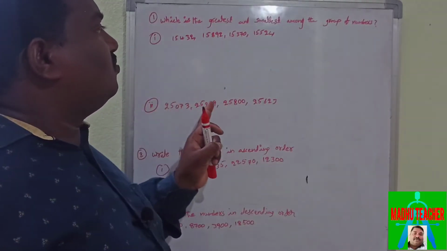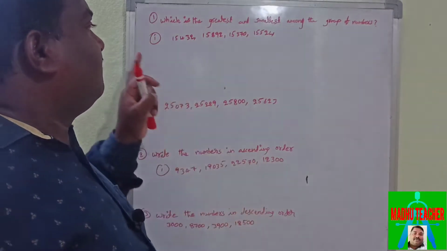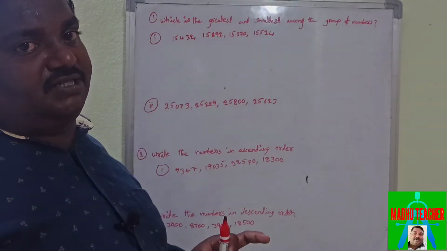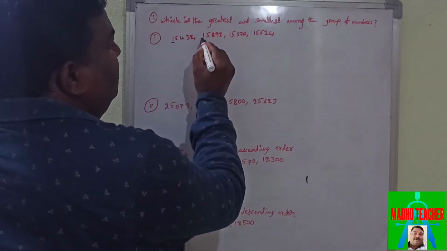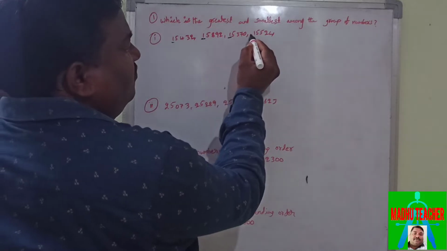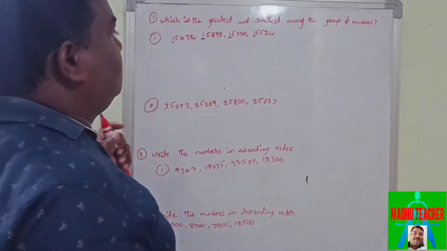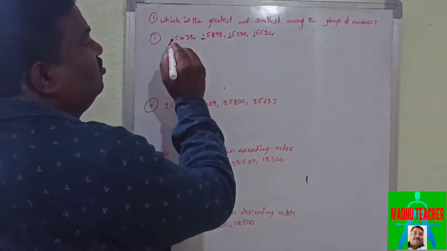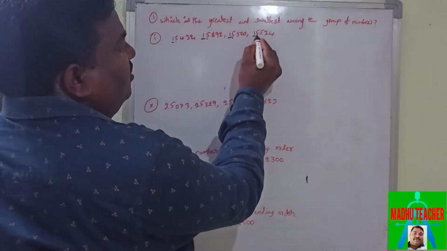If we have the same number of digits, you have to see the first digit from the left. Here the first digit is 1, and in all of them it is 1. Then go to the second digit from the left: 5, 5, 5, 5.